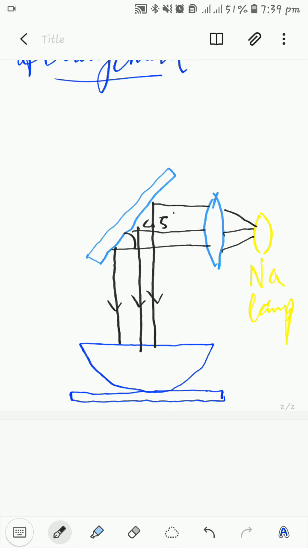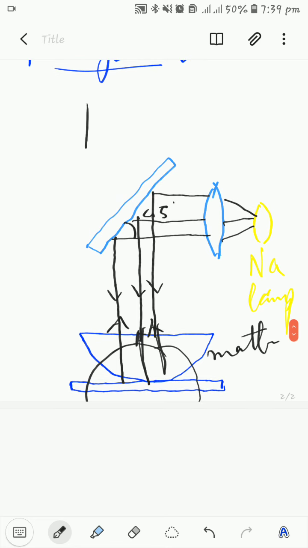So what happens here in the air film is a matter of discussion. Whatever happens here, we'll talk about this and then only we'll know how the interference pattern is produced. Okay, the light gets reflected from here and is collected into the microscope placed above the setup.